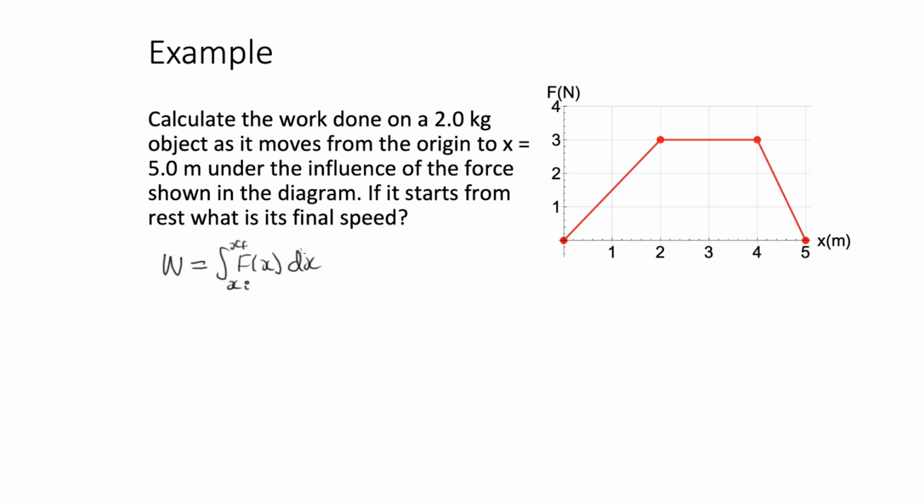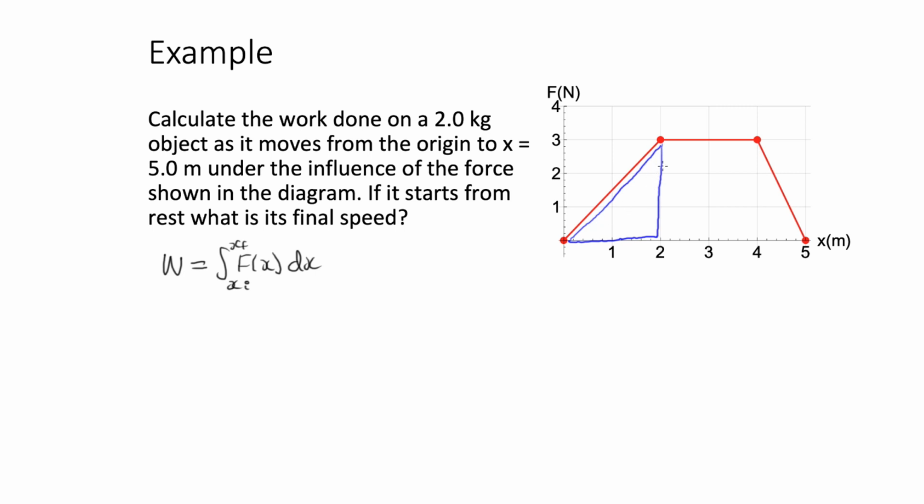Since this is an integral, it is equal to the area under the curve. If we're integrating from 0 meters to 5 meters, we just need to find this total area. Let's break our graph up into little regions that are easy to calculate the area for, or you could just treat the whole thing as a trapezium if you prefer.